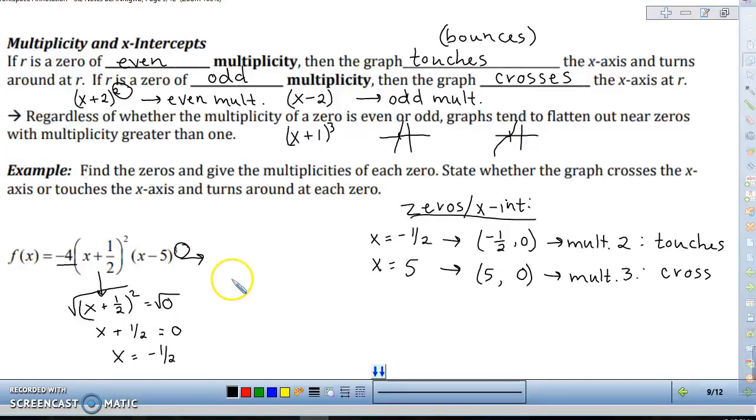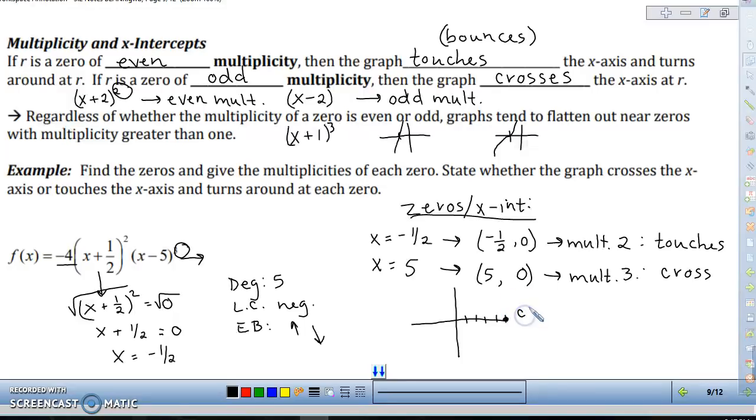Thinking about what this looks like visually, this is actually a 5th degree polynomial. The lead coefficient is negative, so my end behavior is going to be up and then down. If we start to build an idea of what this might look like, there's my x-intercept at 5.